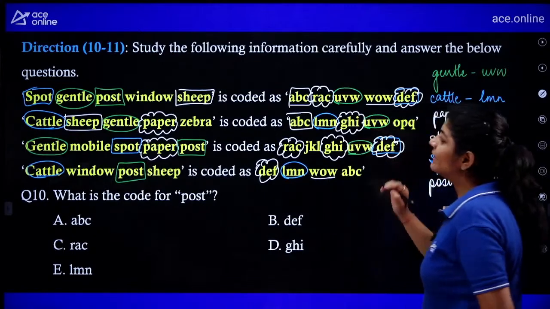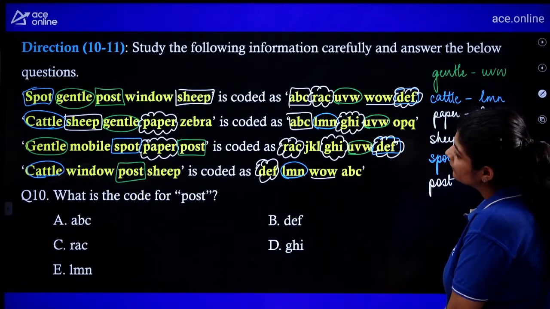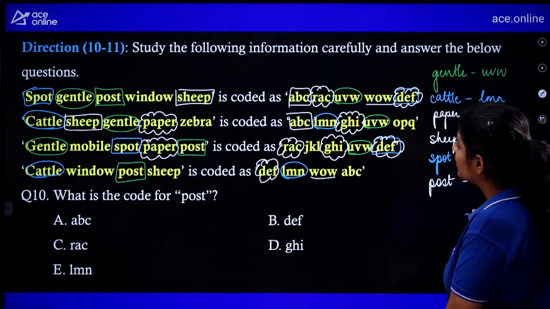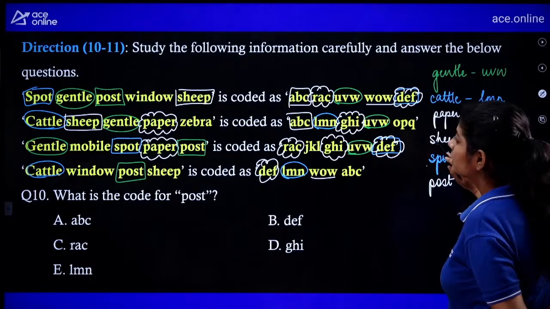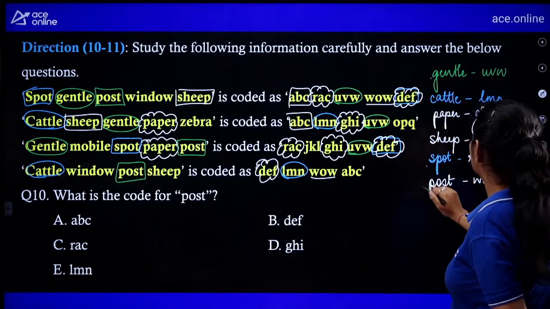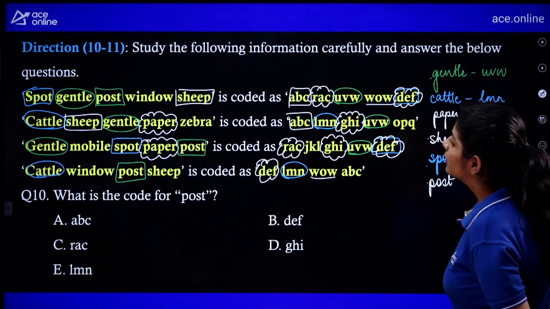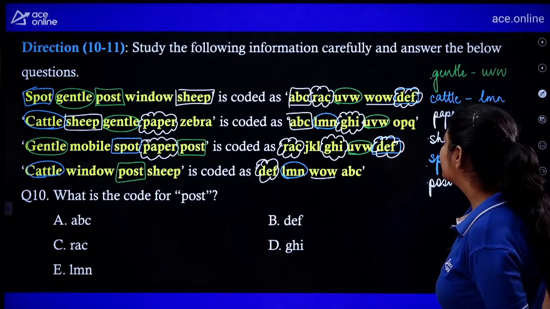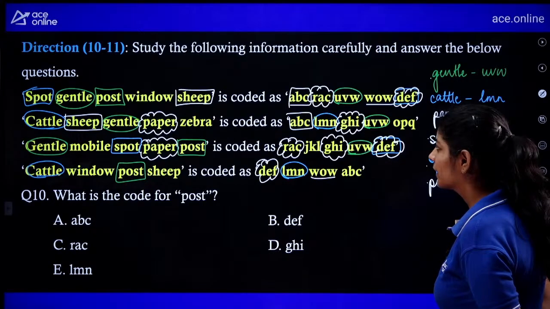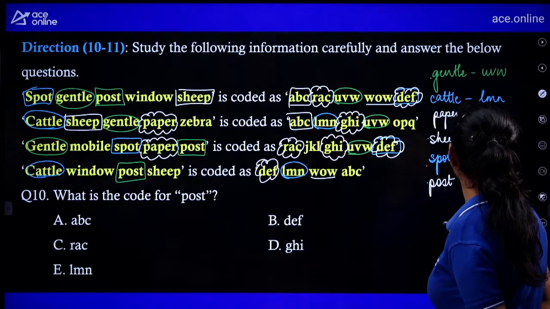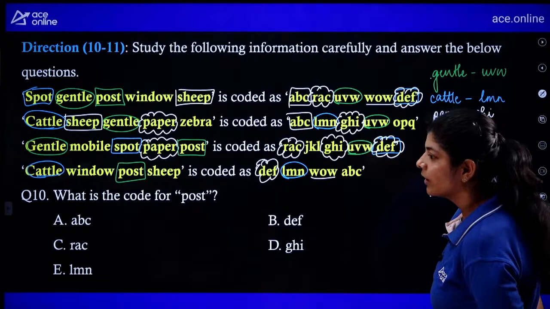Now, if we see in the first line, we are only left with, for the window, spot, gentle, wait, spot, gentle, post, sheep. Okay. So how many codes do we need? We are having 5. ABC, okay. For what did we use ABC? I guess I wrote it wrong.